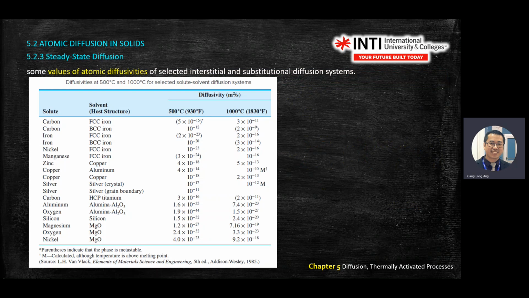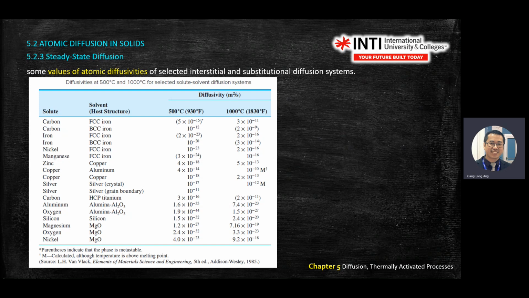So this is another chart that we'll see when we talk about diffusion between metals. On the left is your solute, on the right is the solvent. What do I mean by solute and solvent? Water and salt.